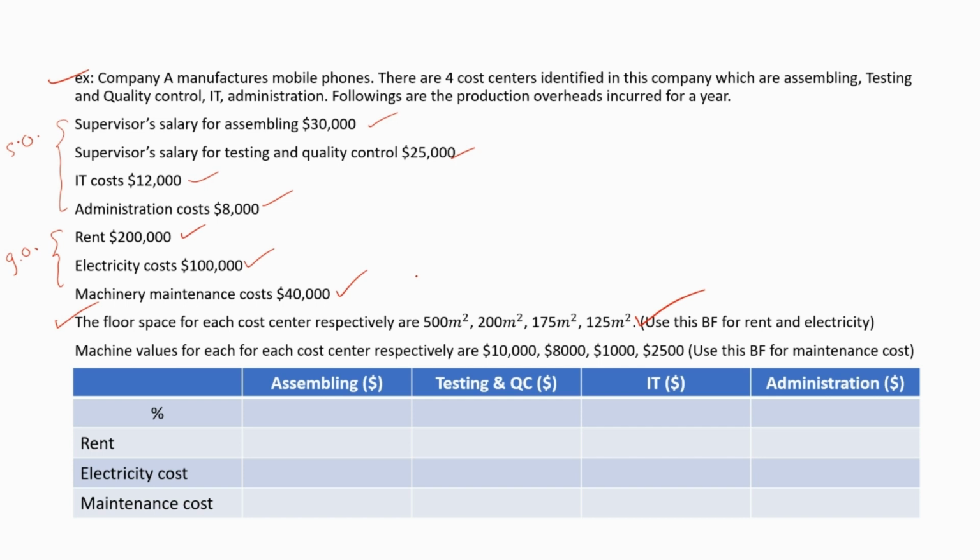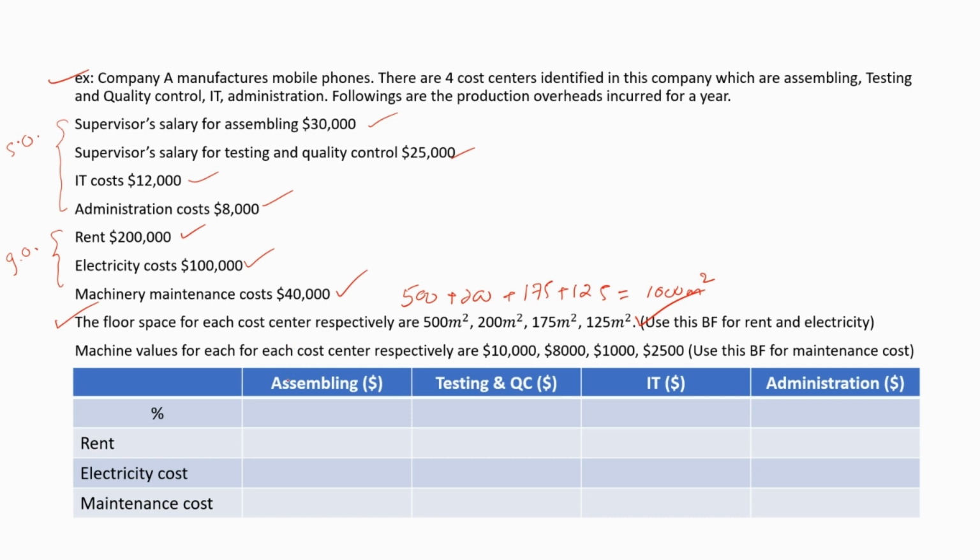In order to do that, we have to calculate the percentage for each cost center using this base value. So we have to calculate the total base value, which is 500 plus 200 plus 175 plus 125, which is equal to 1000 square meters.